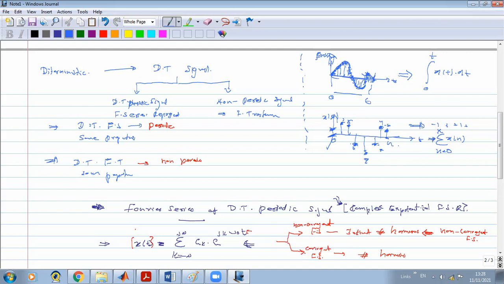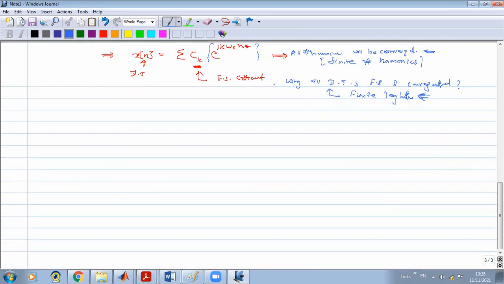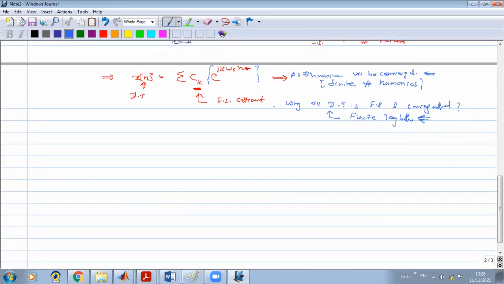In case of a continuous time signal, we have to integrate. In case of a discrete time signal, we don't need to integrate. We can simply add all points together and get the summation. I hope you got it. So let's come back to our discussion.